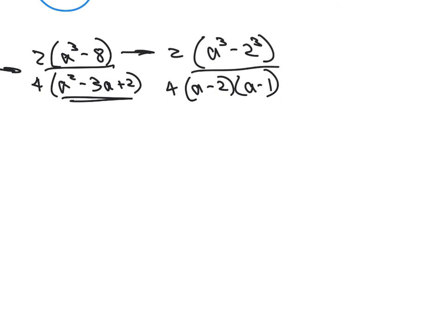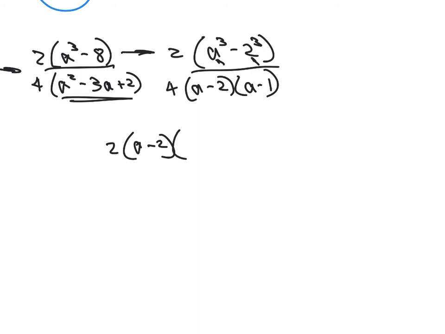Now, if you recognize this from the last chapter, this is a difference of 2 cubes. Difference of 2 cubes, we can write that as, let's do it down here: first term is our first number minus our second number, so a minus 2.